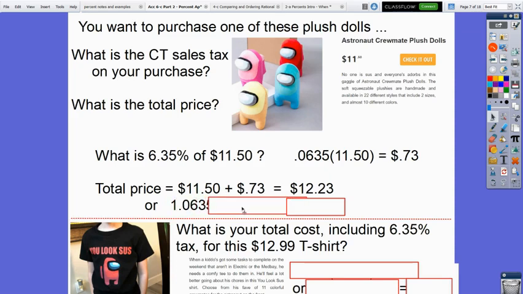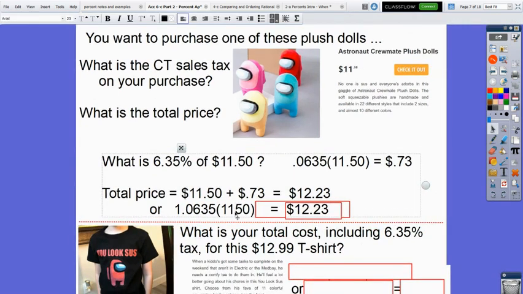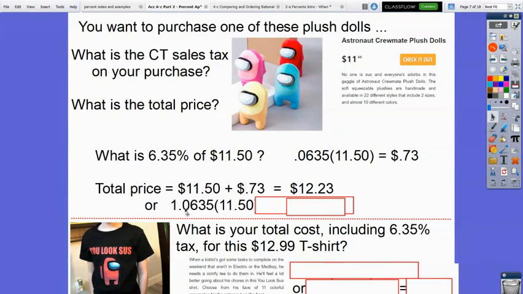So you put a 1 in front of the decimal there, and you multiply 1150 times 1.0635. That will then directly give you the total cost. Comes out to $12.23 again. So this is the one-step method that you can use. If you're only asked for the total price or the final bill, you can use this method. Okay. If you have to calculate the tax separate, then okay, you do it in 2 steps.